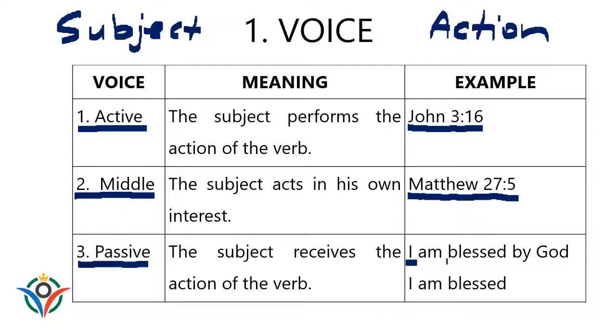In this case, the person is receiving a blessing. The one performing the act, however, is God. But grammatically, he is not the subject of the sentence. And similarly, if someone stated, I am blessed, then God would be the understood or implied agent who gives the blessing. All right, so those are our three types of voices: the active, the middle, and the passive.